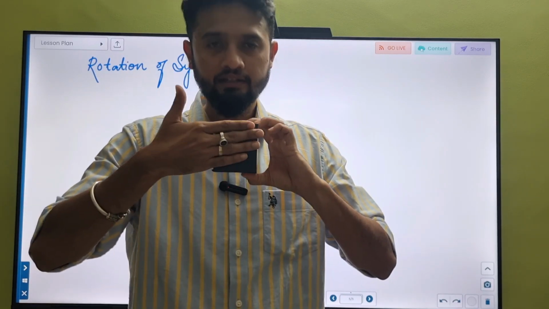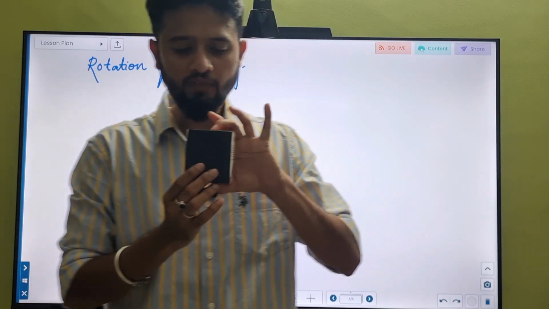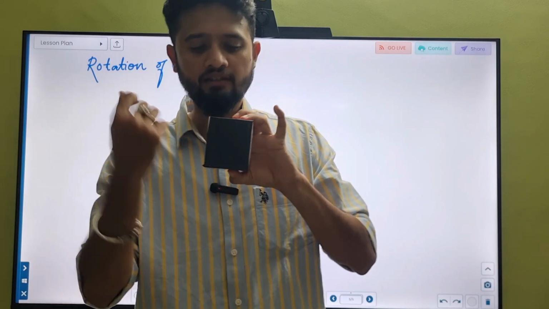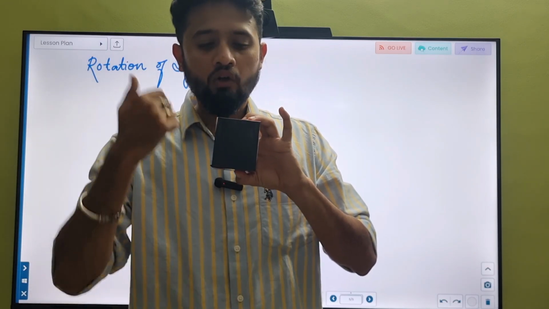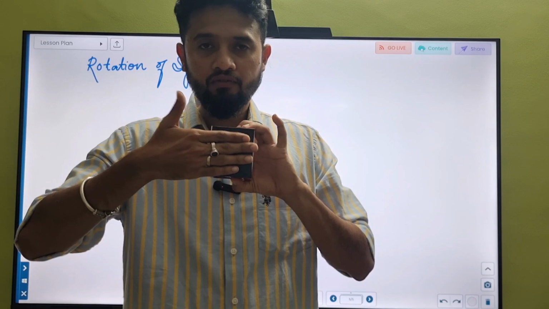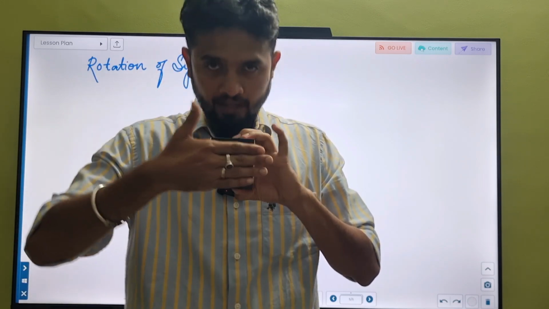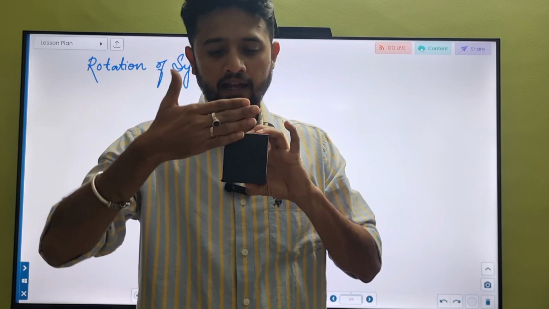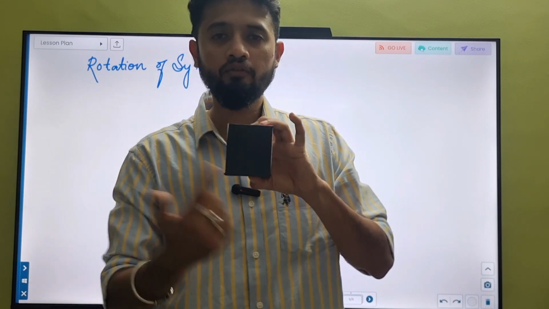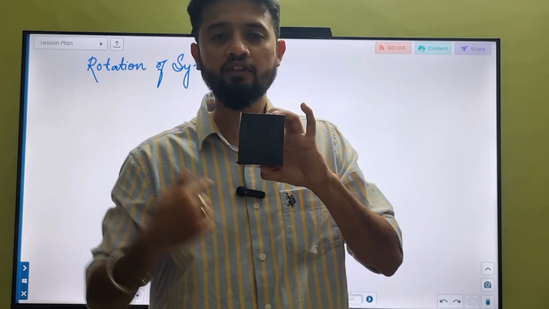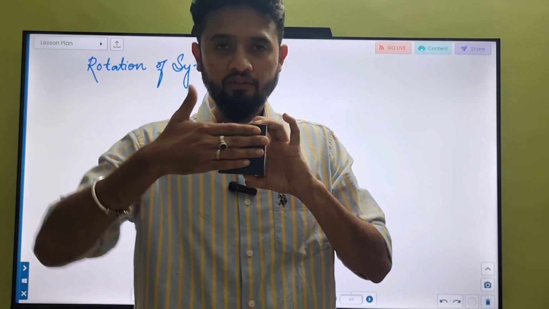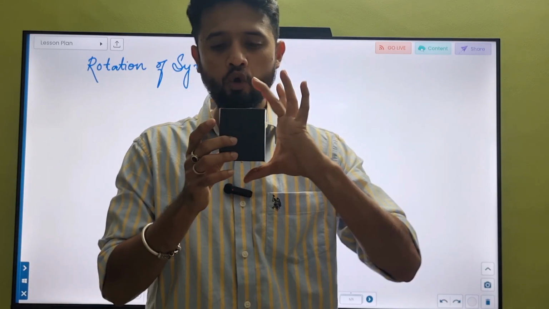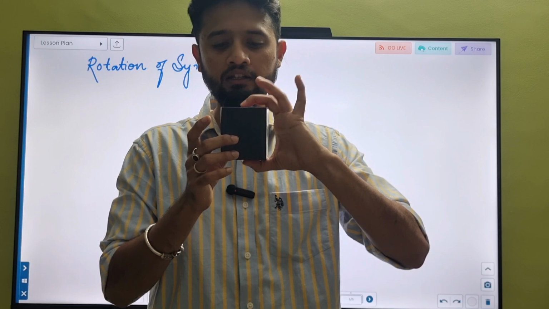So if I take this face and start to rotate it, I will rotate it in such a manner that I get this face again in the same position and in the same direction, and I will count the number of rotations, like how many rotations it will take for this face to come back to its same position.